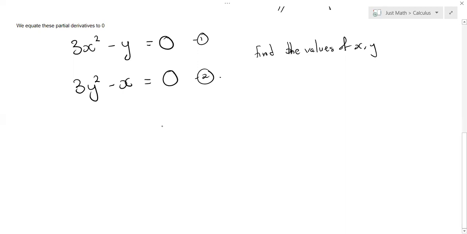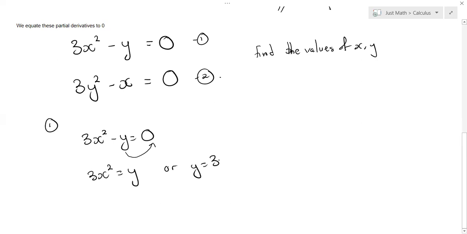Let's start with equation 1. We have 3x squared minus y equals 0. We can move the y to the other side. So 3x squared equals y, or y equals 3x squared.